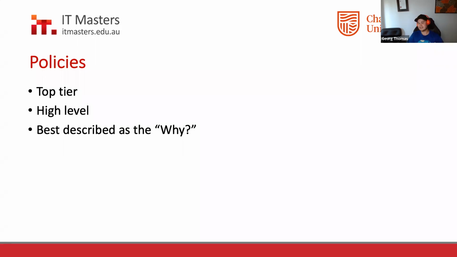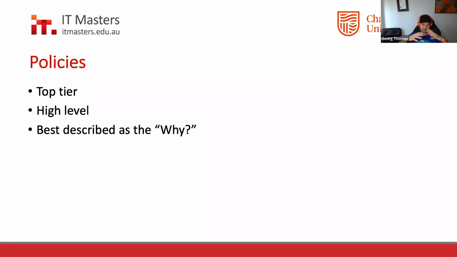It doesn't have a lot of detail, and policies shouldn't change very often. Best practice is that a policy is high level, doesn't change often, and has been reviewed by senior management, preferably executive senior management.